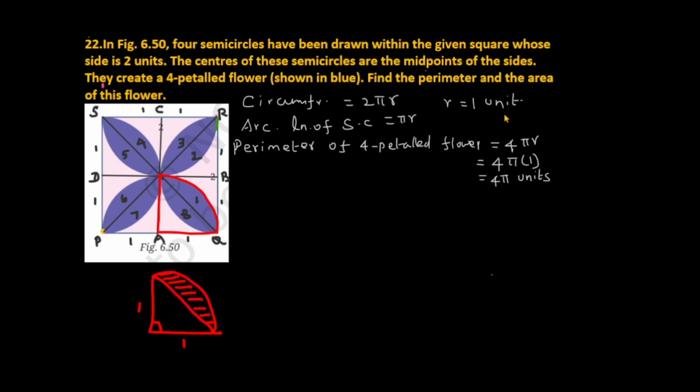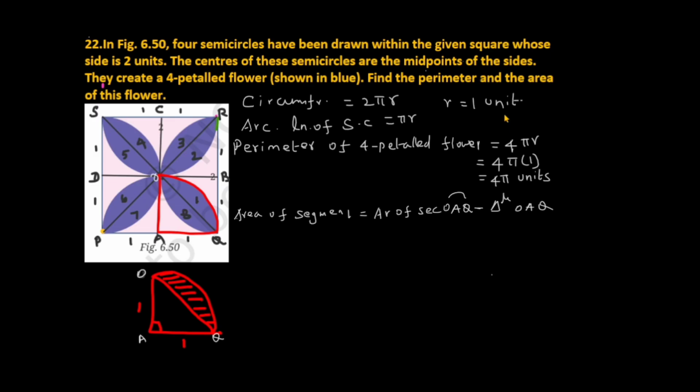This is the segment. So, how do we find the area of a segment? Area of segment 1 is equal to the area of the sector, here O, A, Q. This is our sector, sector OAQ, minus triangle OAQ.